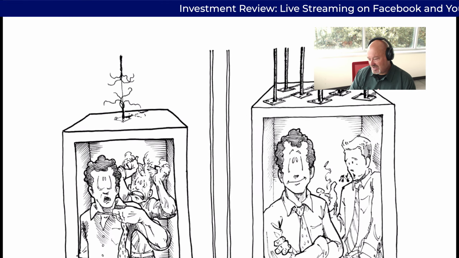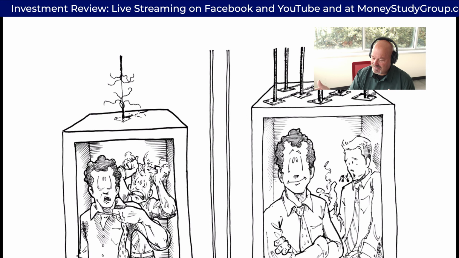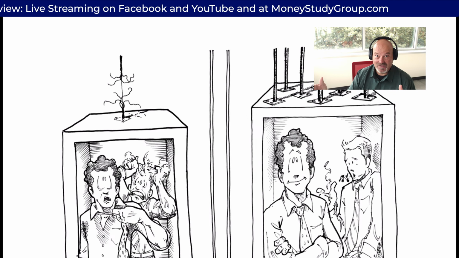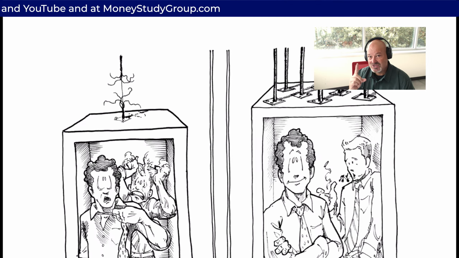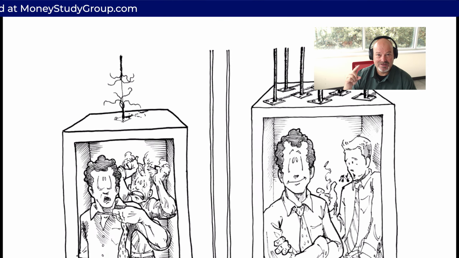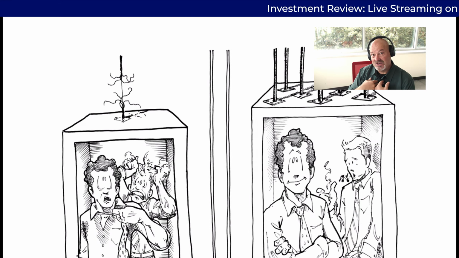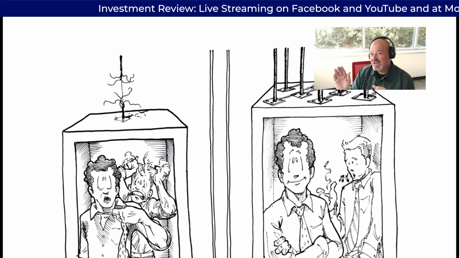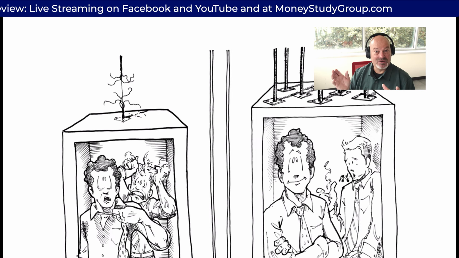This image is illustrating a mutual fund, and what you have on the left is this very scary experience of the cable on the elevator breaking because there's just one company in this investment. On the other one, you see all these other multiple cables. These represent different companies, and the manager of the mutual fund's responsibility is to be constantly inspecting each of the cables, each of the companies in the mutual fund.